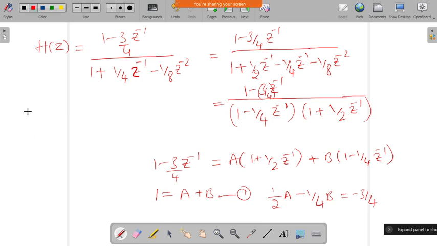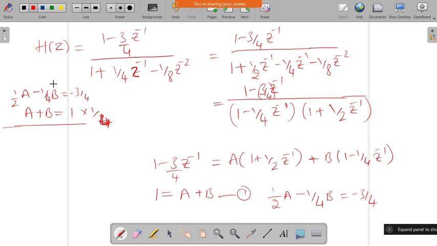Can you tell what are the values of A and B? A plus B is equal to 1 and half A minus 1 by 4 B is equal to minus 3 by 4. You can multiply by 1 by 4 and add it.